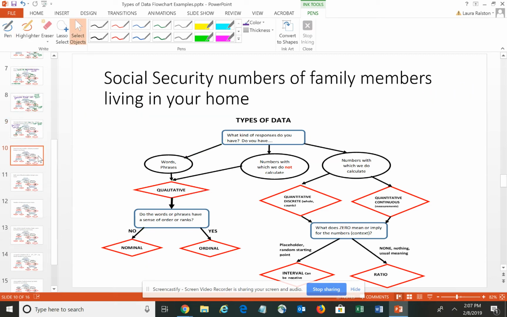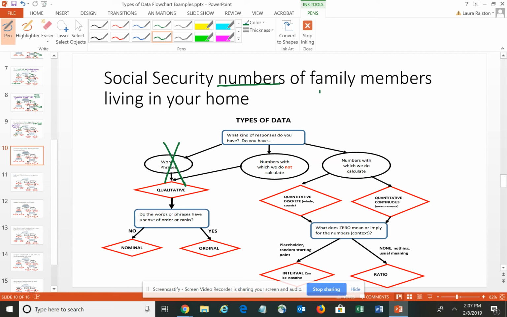Okay. Social Security numbers of your family members living in your home. Well, it's kind of in the name here, guys. Social Security numbers. It is numbers. Okay, so it's not words or phrases. But think about it.